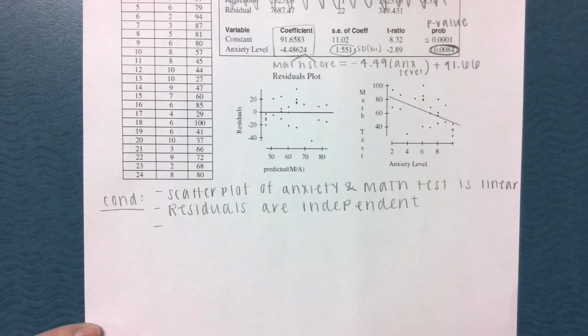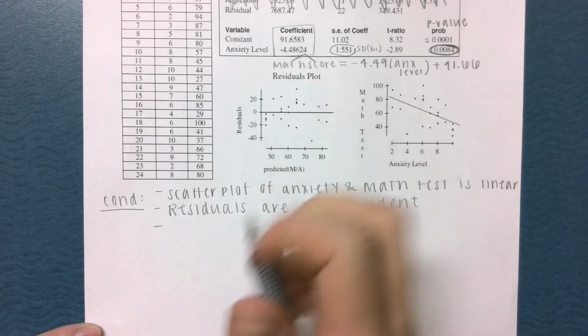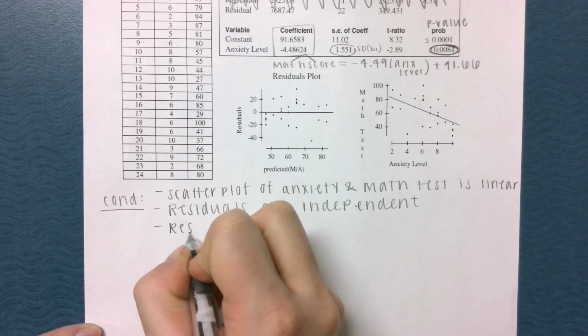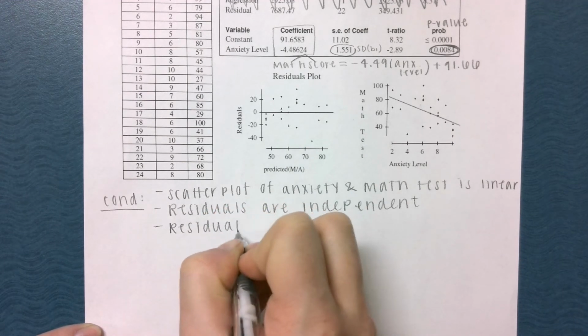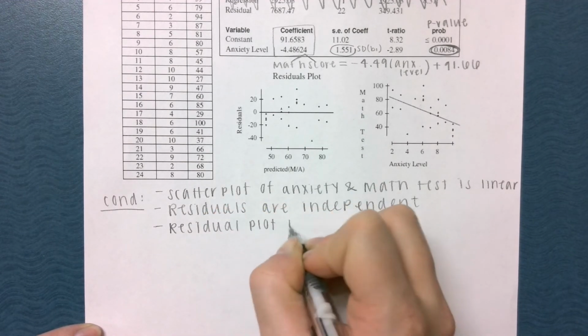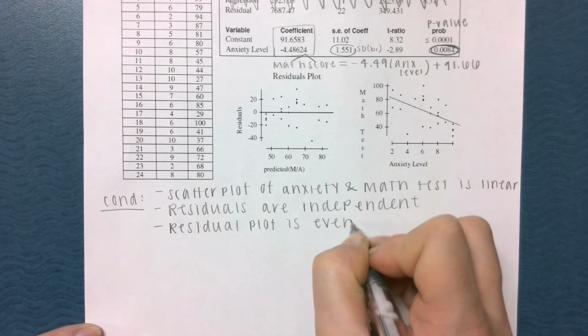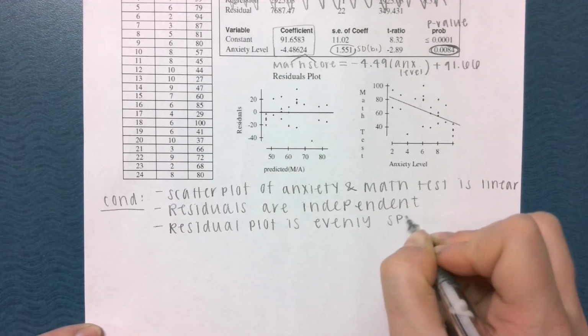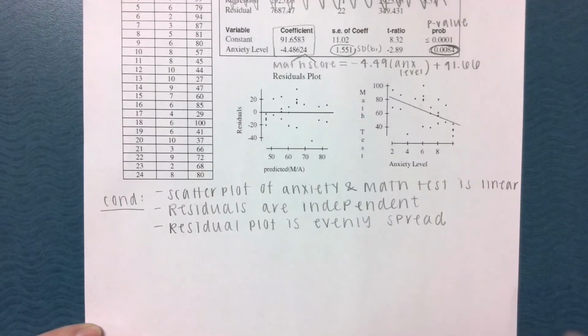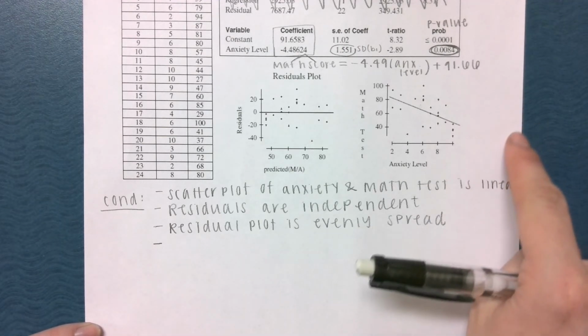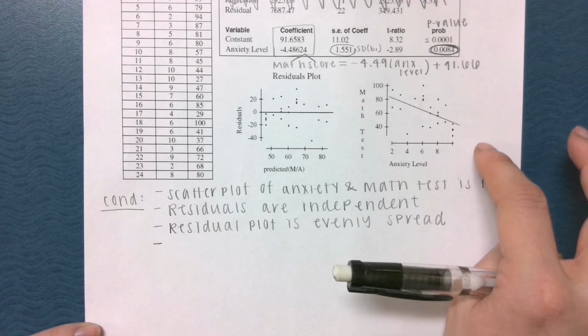Third, I'm making sure that the residual plot is evenly spread. Looking at my residual plot here, I'm not seeing any clusters or groups, so I will say that the residual plot is evenly spread. And the last one, I'm checking to make sure that the residuals are nearly normal. Typically, they will give you a histogram or a normal probability plot.